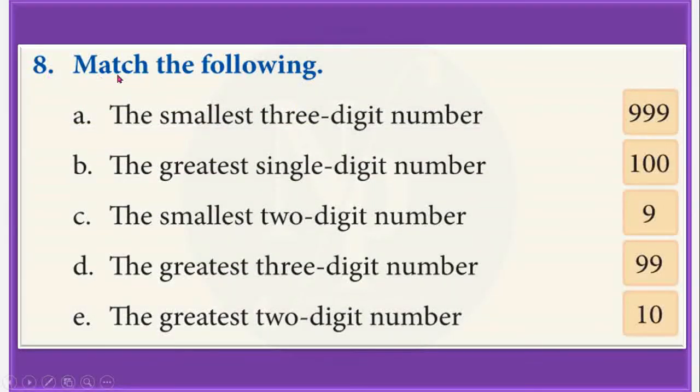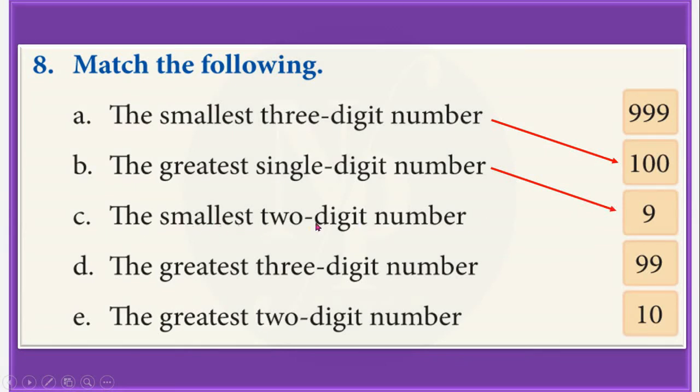Question number 8, match the following. A, the smallest three-digit number. The smallest three-digit number is 100. So match these two by drawing a line like this. The greatest single-digit number is 9, and match these two.